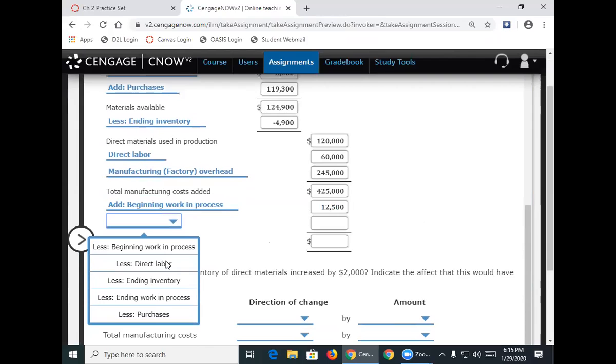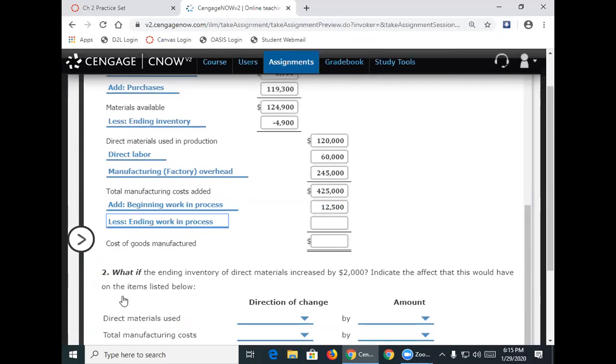I guess they skipped the subtotal. And then we're going to subtract out the ending work in process, so minus 14,600. So 437,500 minus 14,600. What's my cost of goods manufactured? 422,900. Very good.